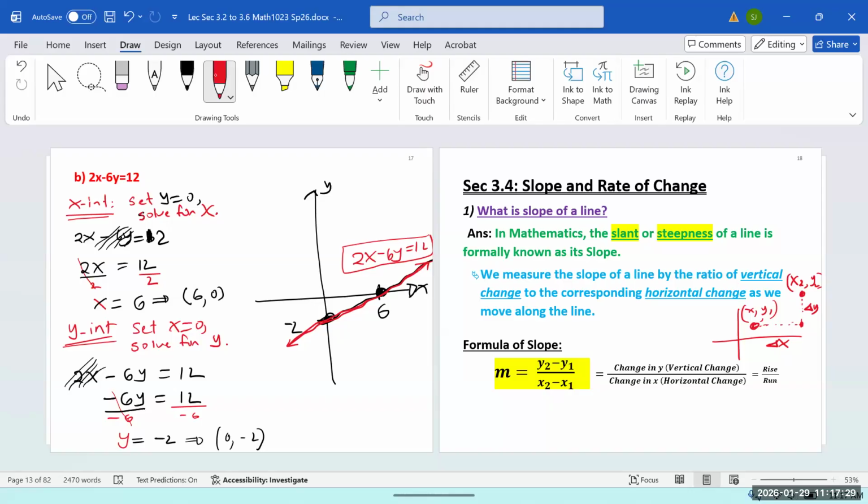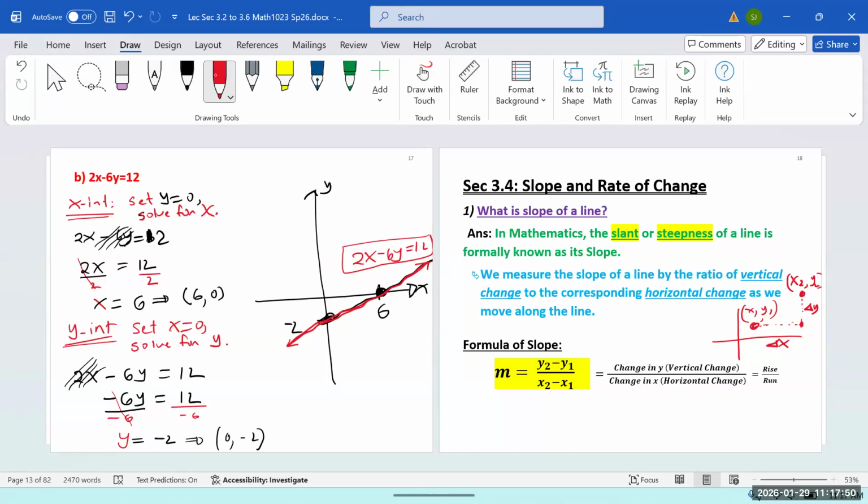So the formula is y2 minus y1. So this y2 minus this y1, you get this change, divided by x2 minus x1. This is our x2, this is our x1. How much is the distance between them? This is your slope: y2 minus y1 divided by x2 minus x1.